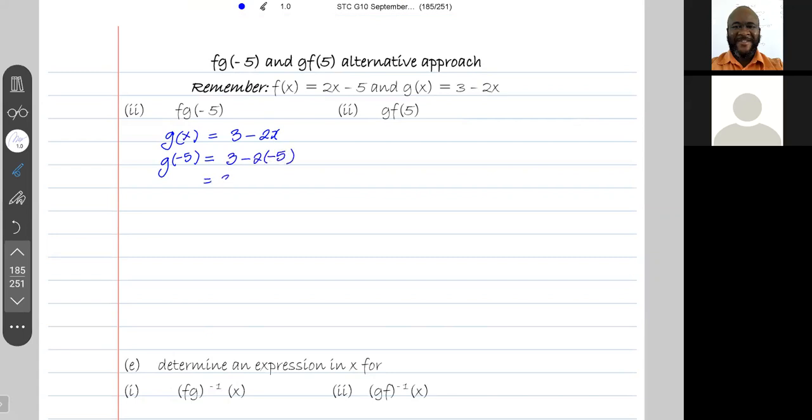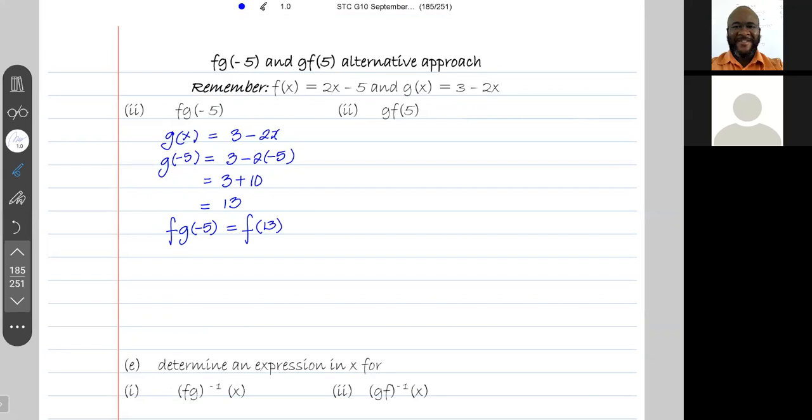This is 3 plus 10. Minus 2 times minus 5 is 10. So g of minus 5 is 13. So f of g of minus 5 is the same as saying f of 13, and that is because g of minus 5 is 13.